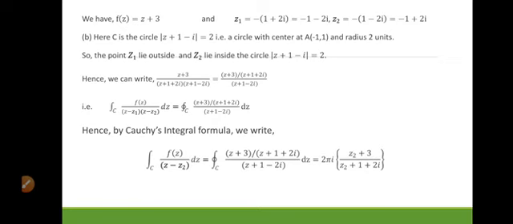So here now f of z is not z plus 3 only, but it is z plus 3 upon z plus 1 plus 2i, and hence we have calculated 2 pi i f of z2. So f of z is the complete numerator term, that is z plus 3 upon z plus 1 plus 2i. Now you have to put here the z2 point. So with simplifications we get the integration result as pi into 1 plus i.